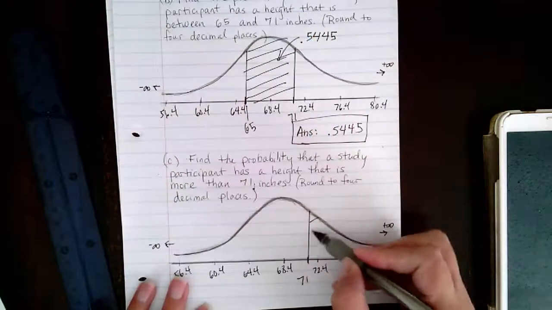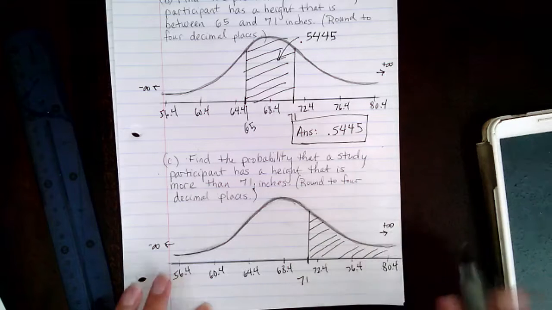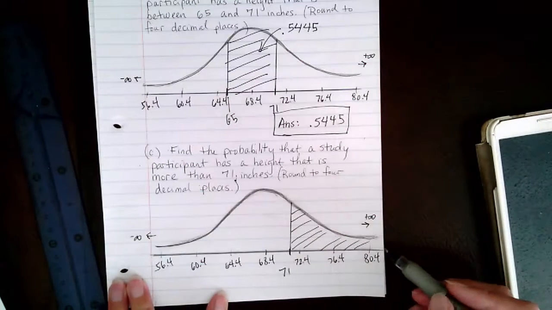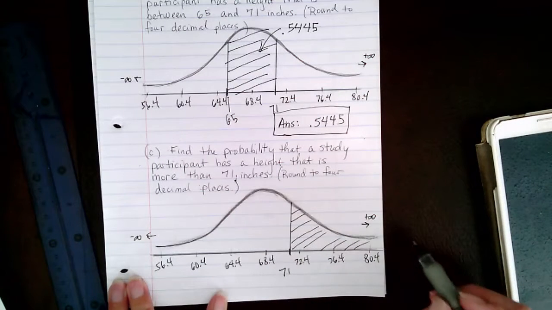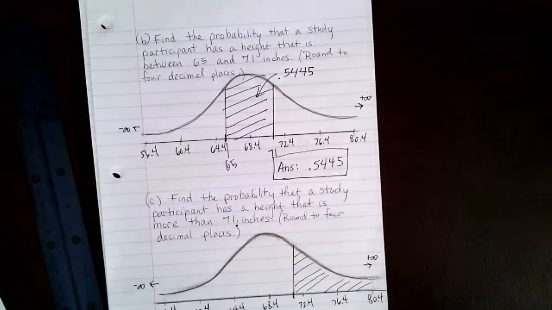So here it is. More than means to the right of 71. Now keep in mind this bell curve goes on towards positive infinity in the right direction. So the upper limit is actually going to be positive infinity.